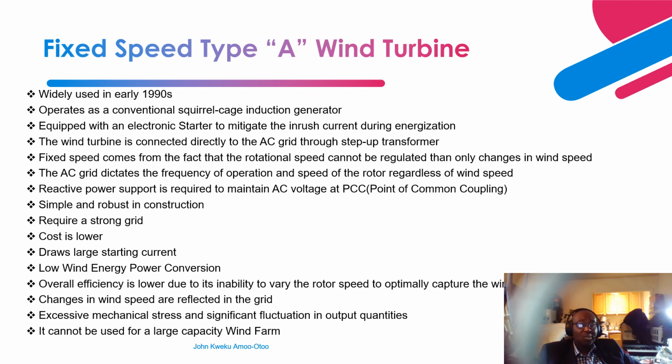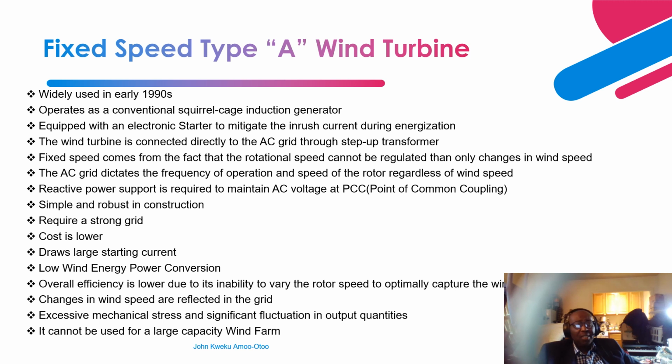Consequently, we are decreasing the inrush as we bring the generator up to speed. This wind turbine goes through a separate transformer, which steps the voltage up before it is integrated to the AC grid.